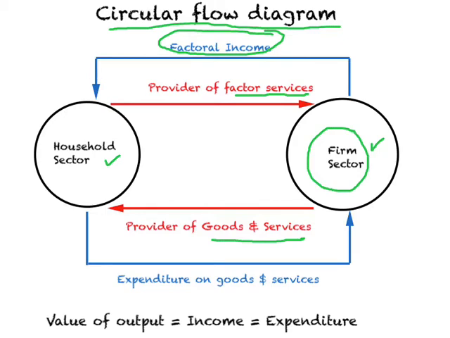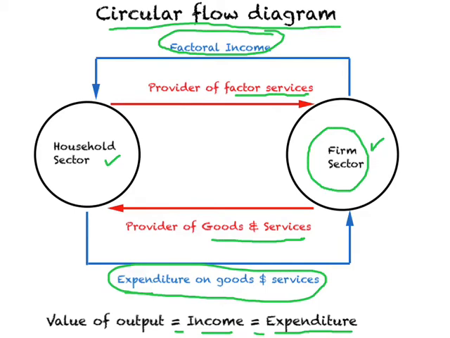And as household sector, what we do with this income we receive, we go out and spend it on goods and services. And who produces goods and services? It is the firm sector. So based on this diagram, we know that value of output must be the same thing as income of this country, and income of this country must be the same thing as expenditure of this country.